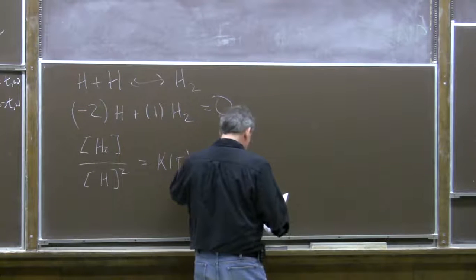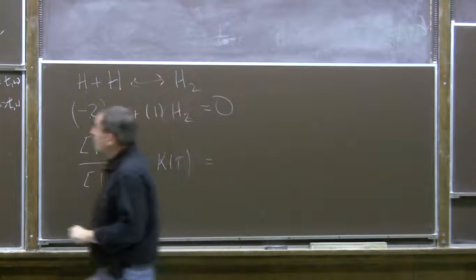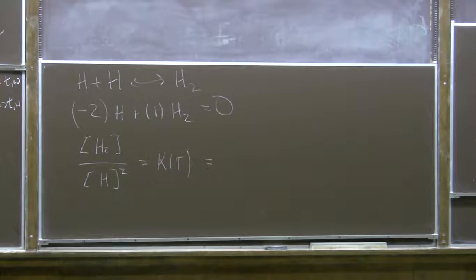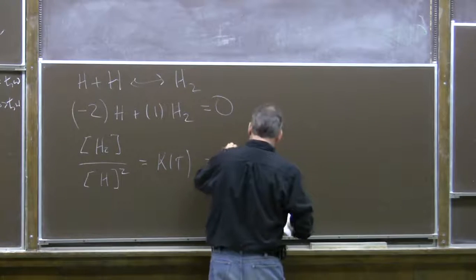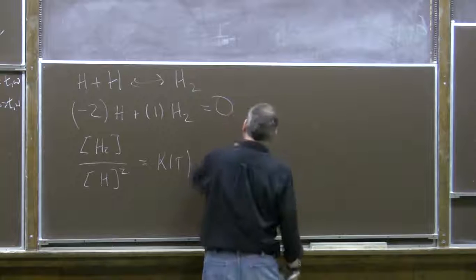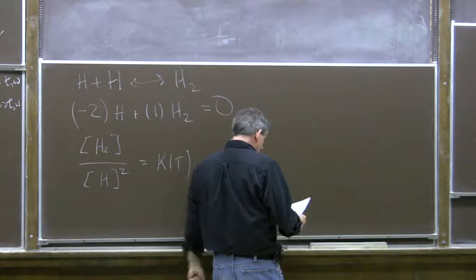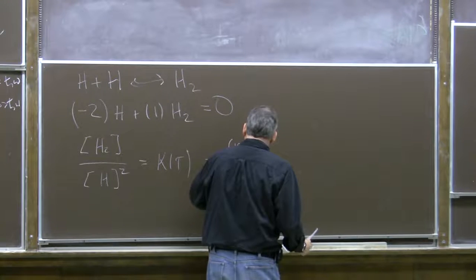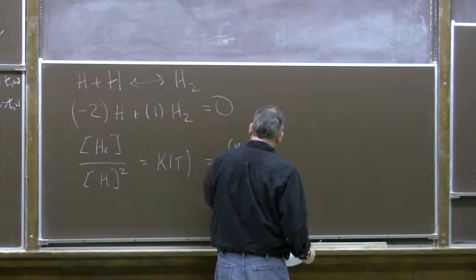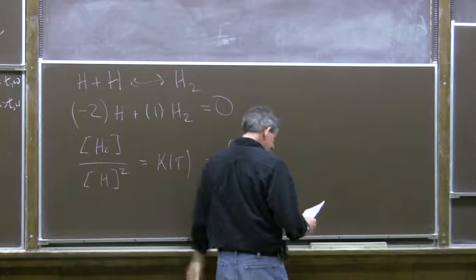And what is that? Well, we'll get a factor of, where was C? Right, so we're considering Ci raised to the power nu I. And so there will be a factor of quantum concentration for molecular hydrogen divided by quantum concentration for atomic hydrogen squared.